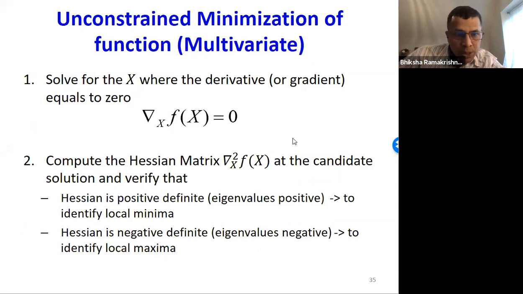For vector inputs, the eigenvalues of this Hessian are all going to be positive at a minimum. So one check is to find the location of x where the derivative is 0 and where the Hessian is positive definite or positive semi-definite.